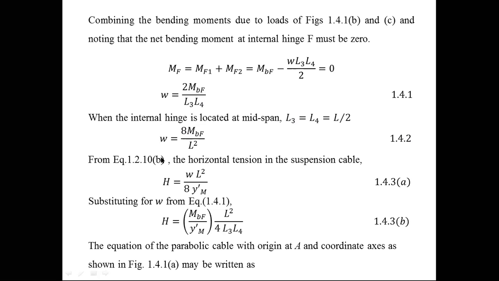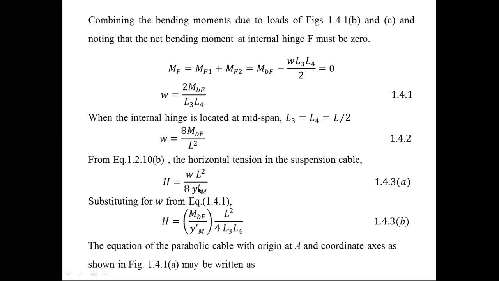Okay. Suppose the horizontal tension in the suspension cable, మనకి horizontal అక్కడ సస్పెన్షన్ కేబుల్ యొక్క హారిజాంటల్ టెన్షన్ కావాలి. సో MB అంటే ఏంది? WL square by 8 MB అంటే. కానీ y dash m ఎందుకని?